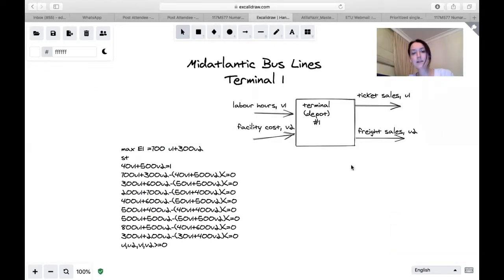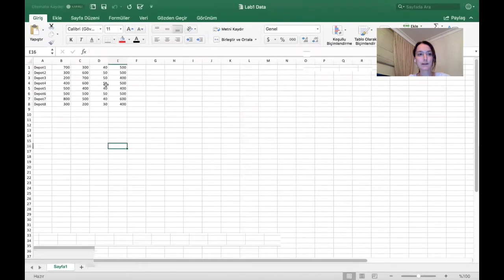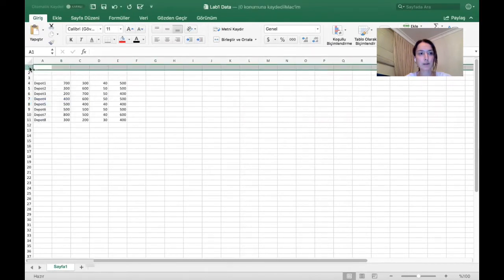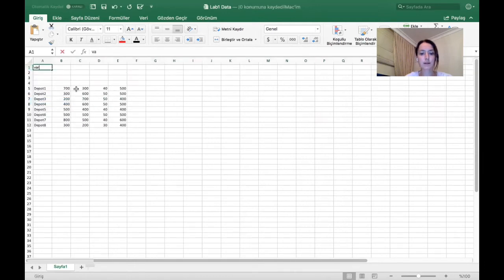And now let's transfer this model to Excel. Okay, this is our input Excel. Let me insert some empty lines here. Variables. We have 2 inputs and 2 outputs, so we should include 2 coefficients for outputs and 2 coefficients for inputs.